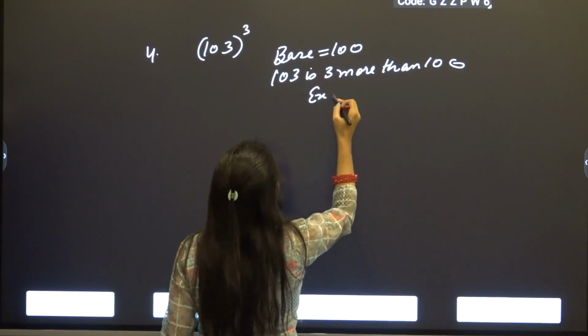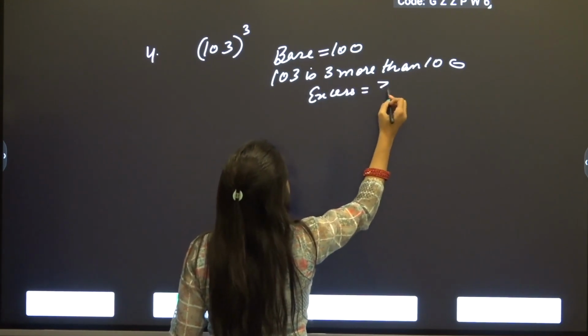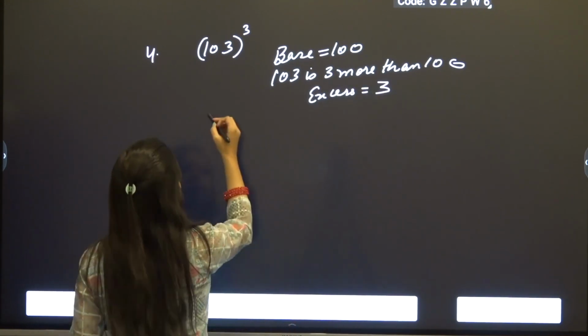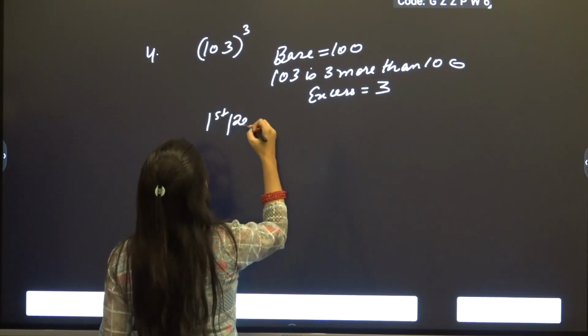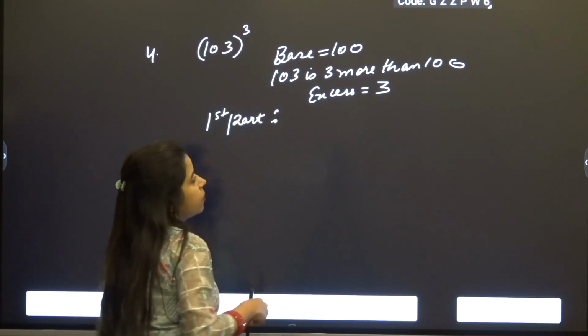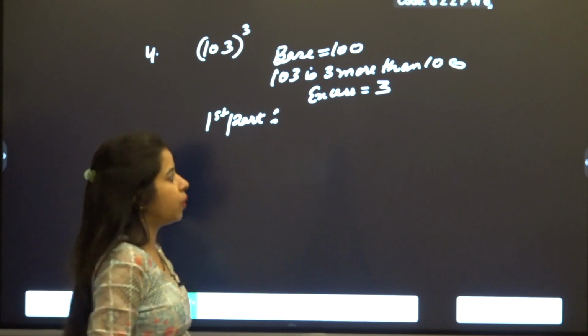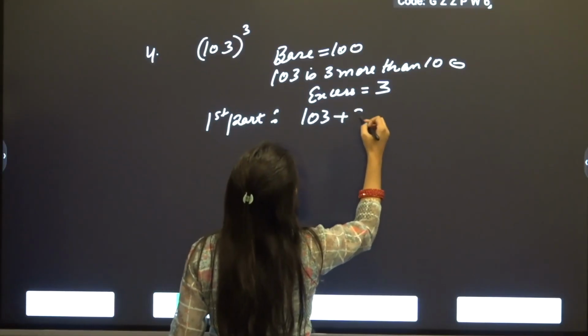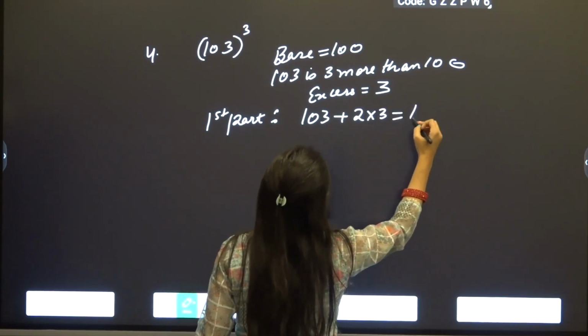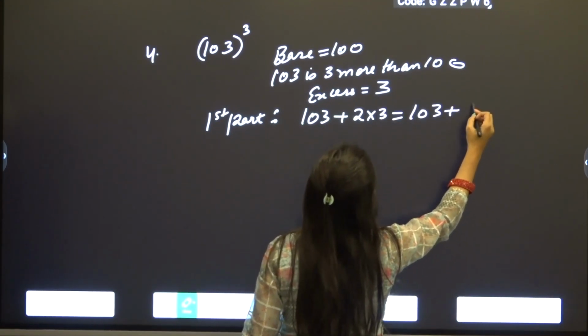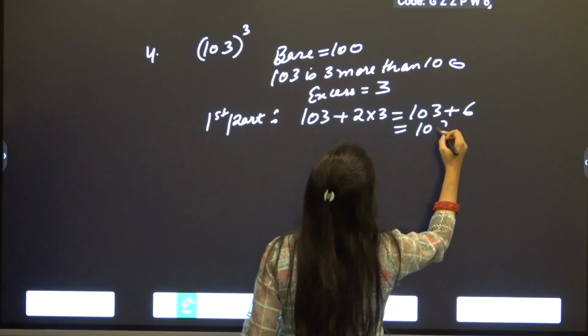So excess is 3. For the first part, I am going to take the twice of excess and add that to the original number. That is 103 plus 2 into 3. So this is 103 plus 6, which is 109.